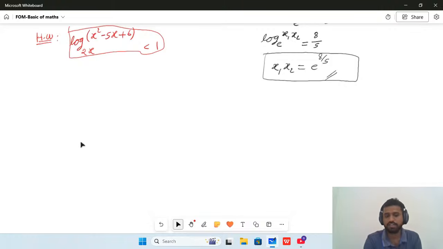Modulus function is also very important, which we will discuss in basic maths itself. Modulus function application is throughout; it will be useful throughout your JEE preparation. So without wasting any time, we will start our class with the modulus function.